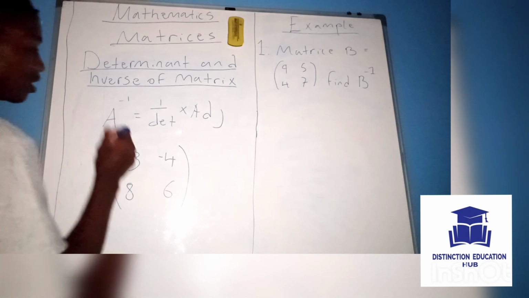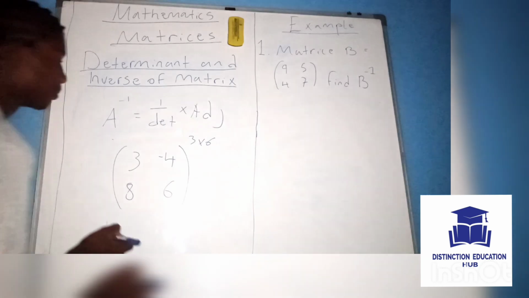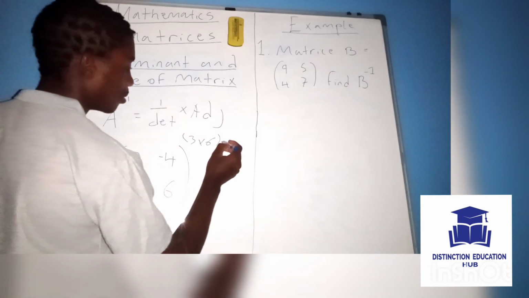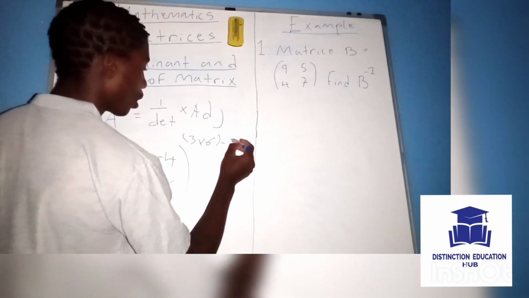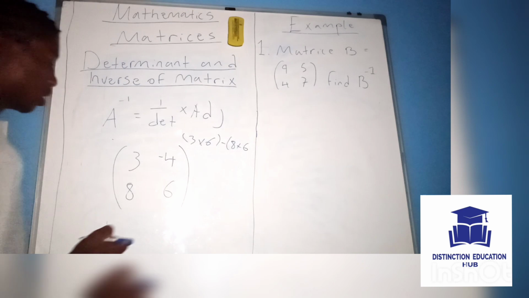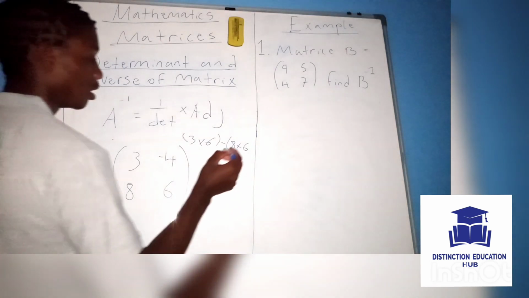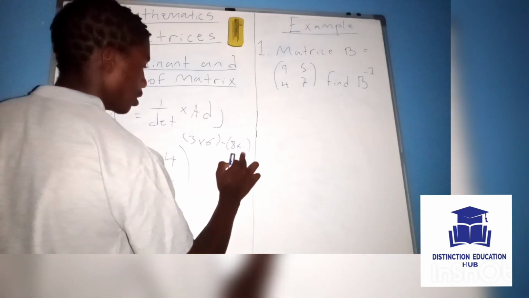So you multiply 3 times 6, close brackets, minus 8 times negative 4.